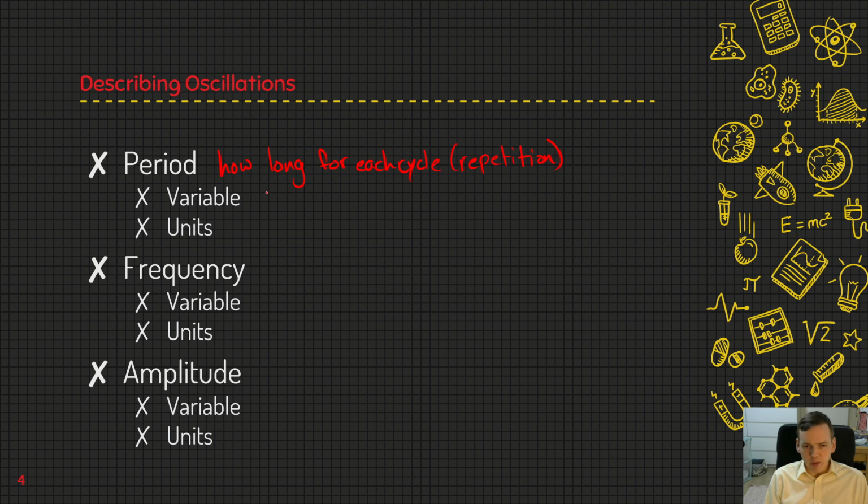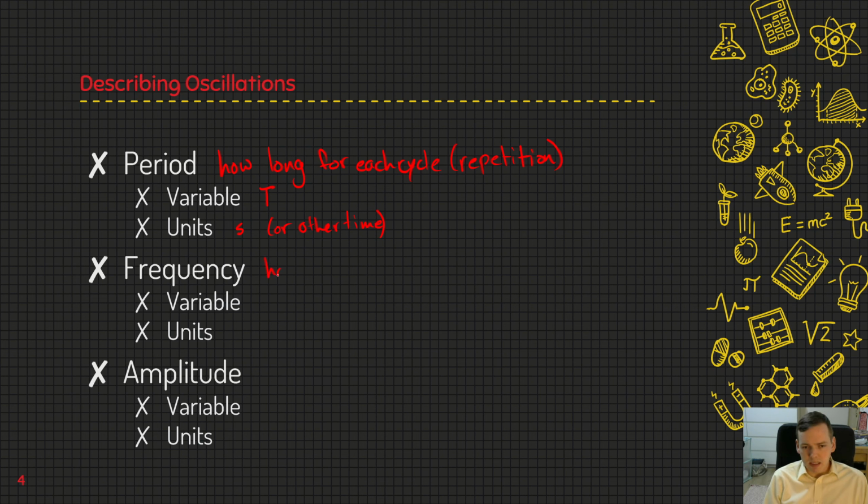The variable that we use for period is typically a capital T, and the units are seconds or other time units. So maybe you'll have a period of minutes, or for the Earth going around the sun, that oscillation has a period of a year. But typically it's going to be seconds there.